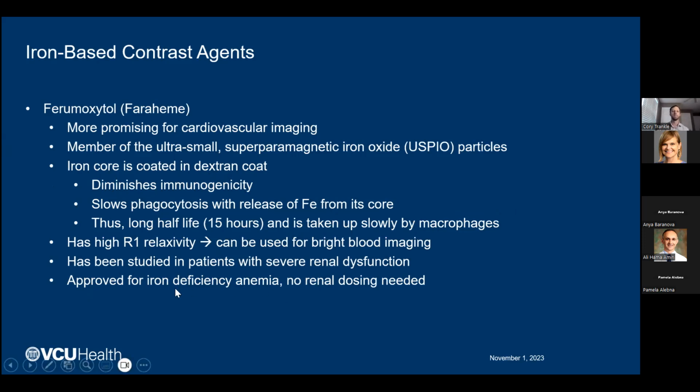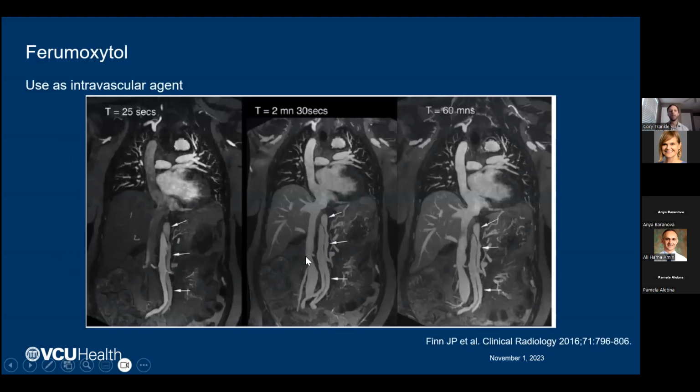The other thing is that it's been studied in patients with severe renal dysfunction, and it's actually approved for iron deficiency anemia. So when you start to get into patients with renal dysfunction, this isn't necessarily a concern for them because, after all, it's approved in that population. And so it could be used as an intravascular agent.